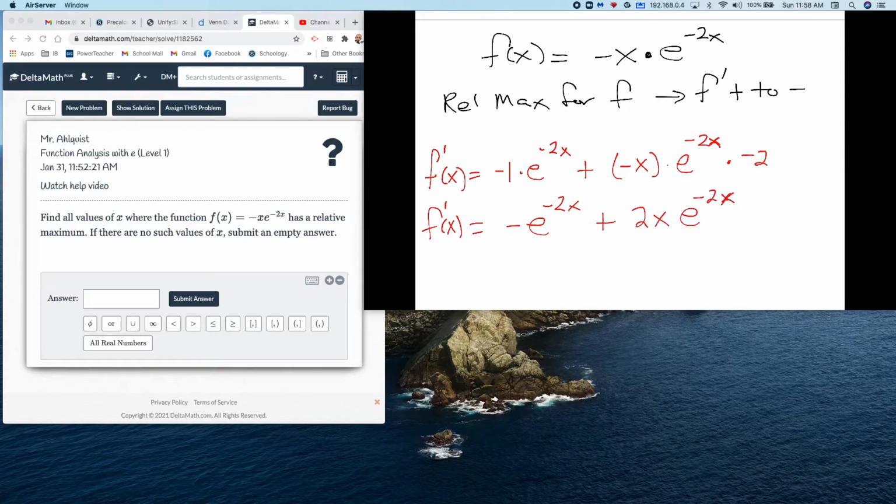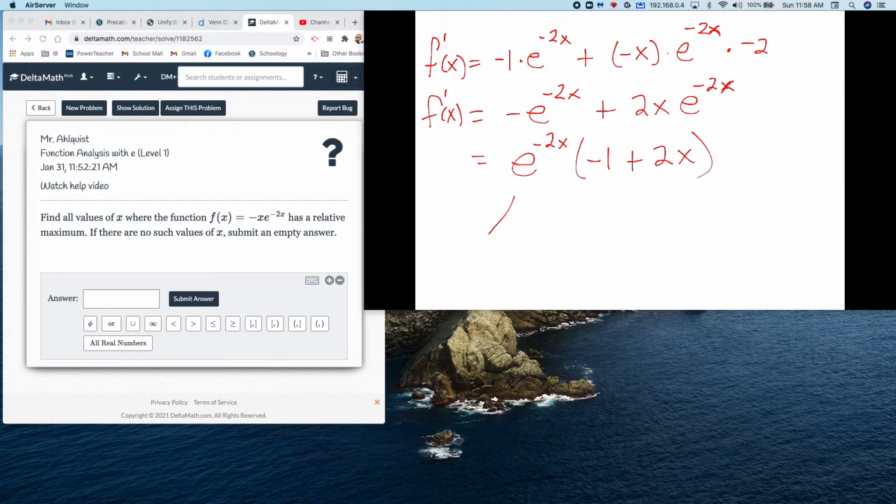Notice that I can factor out an e to the negative 2x. If I factor that out, I'd have negative 1 plus 2x right there. Remember, we just talked about this is always positive, so that's not going to change anything.